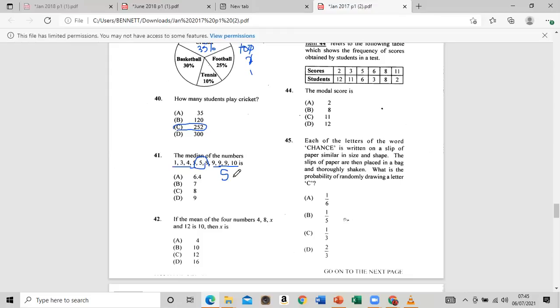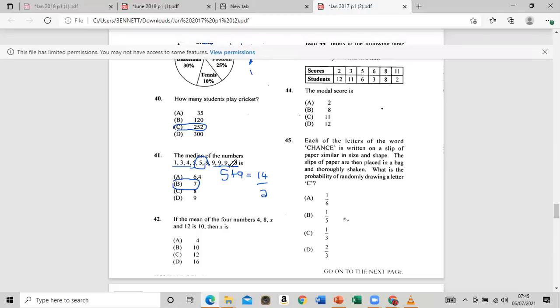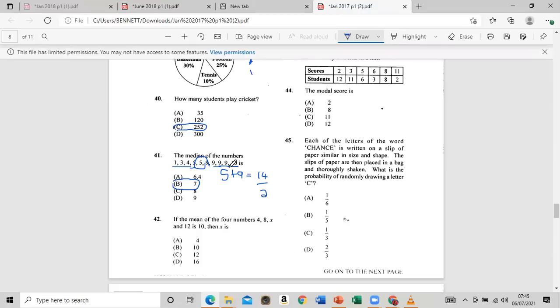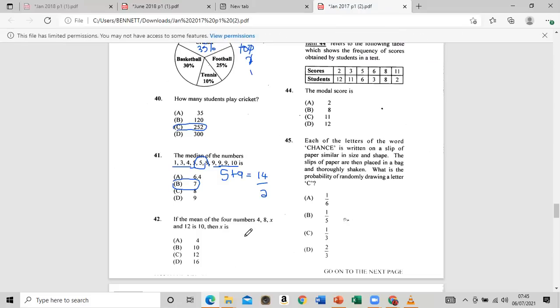So 5 plus 9 is equal to 14 divided by 2. That's 7. This one could trick some people, but 7 is not in the initial numbers. So people will tend to say, oh no, it can't be 7. Must be one of these.